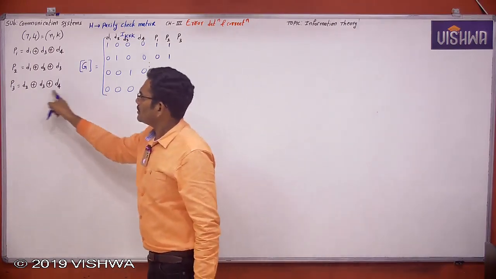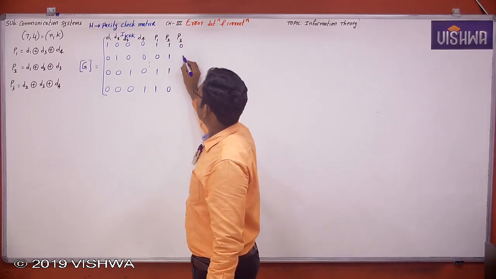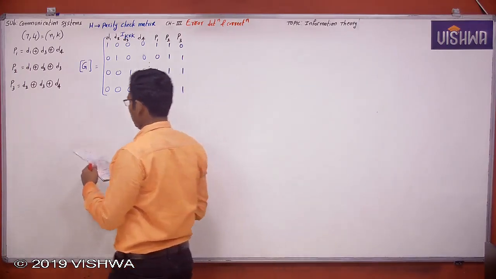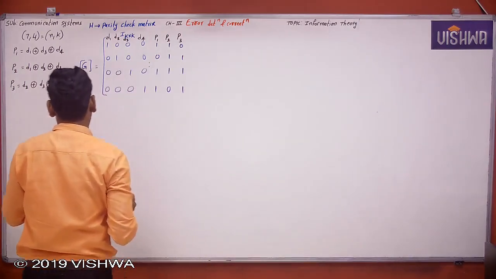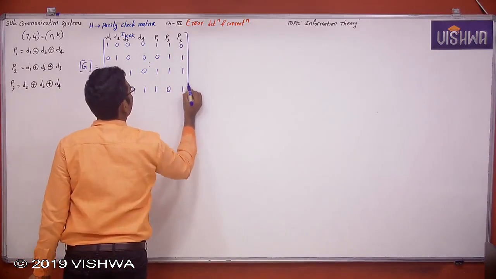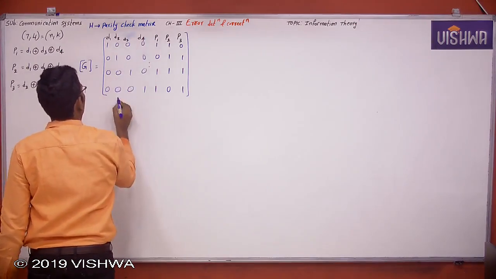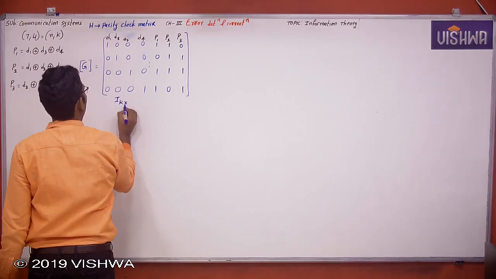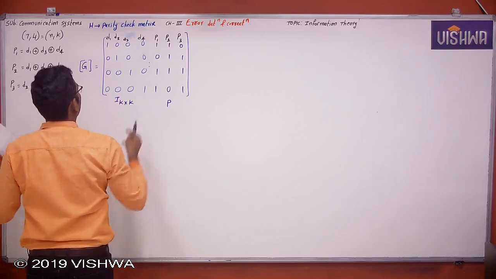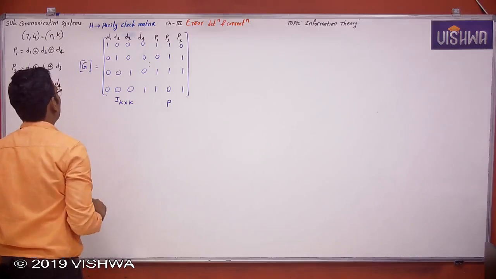P3 is D2, D3, D4, the last 3, so 0, 1, 1, 1. Okay, all are correct. Now this is the identity part, I k, and this is the parity part, for D1, D2, D3 and D4. So this is the generator matrix.